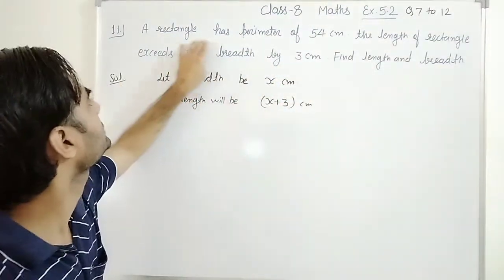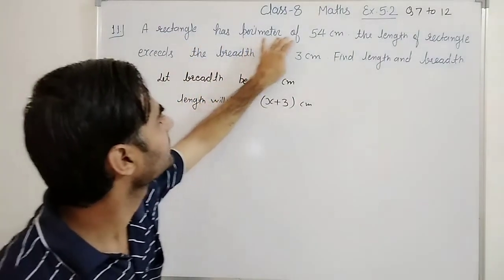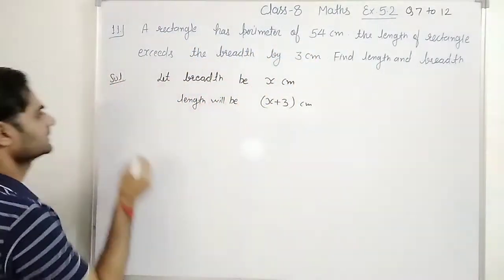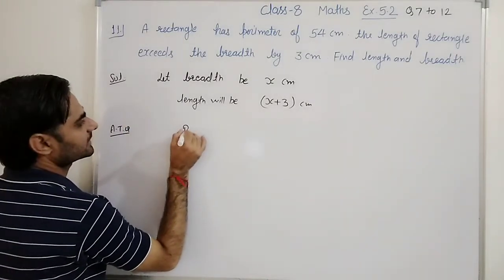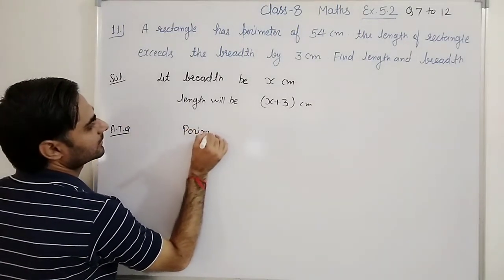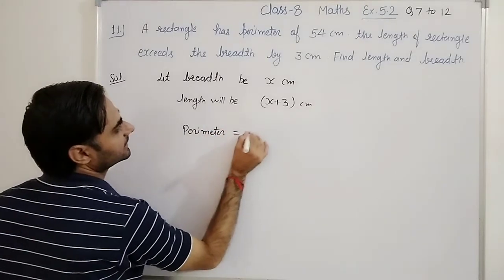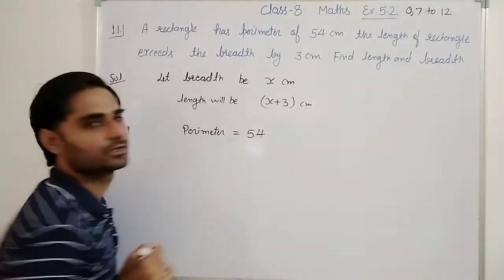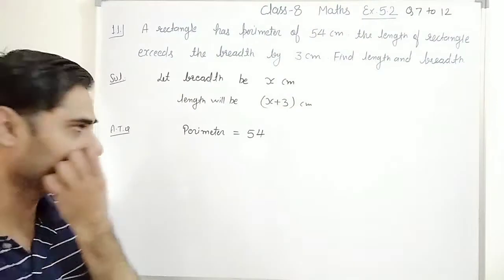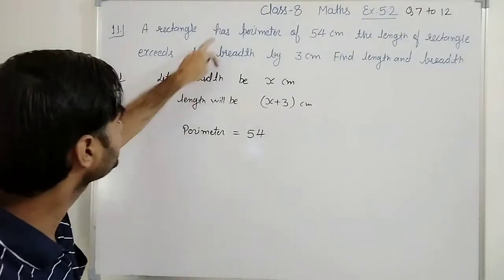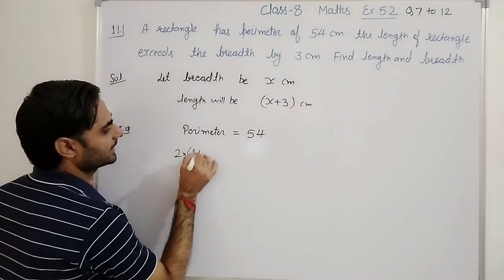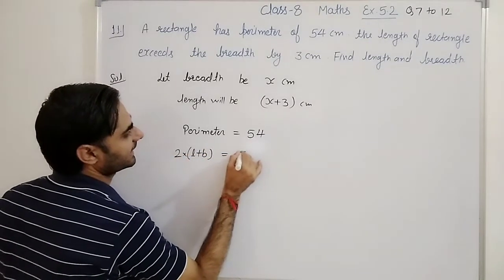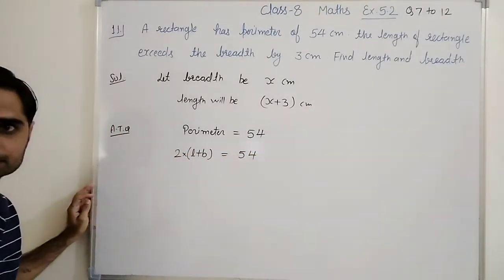Now according to the question, the rectangle has perimeter 54, right? So according to the question, perimeter is equal to 54. If perimeter is 54, what is the actual perimeter? That is 2 multiplied by length plus breadth, and that is given 54.